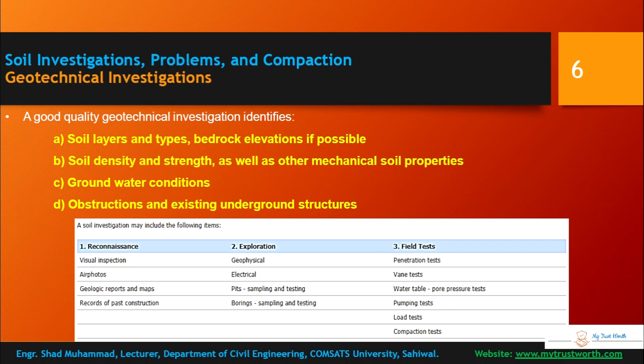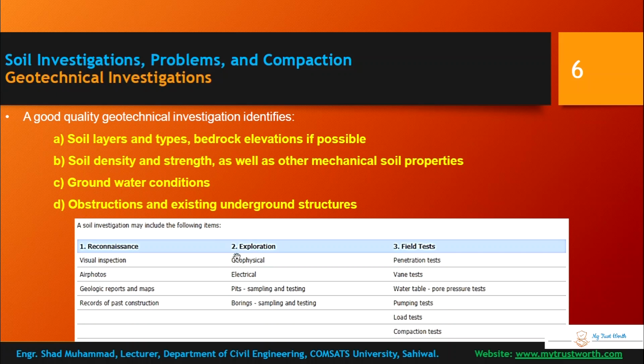You can inspect the condition and the type of the soil, and you can conduct air photography, and use geological reports and maps. With the help of geological reports and maps, you can investigate or expect the soil strata and records of past construction, nearby construction if there is any, and then you can take help from those past records.